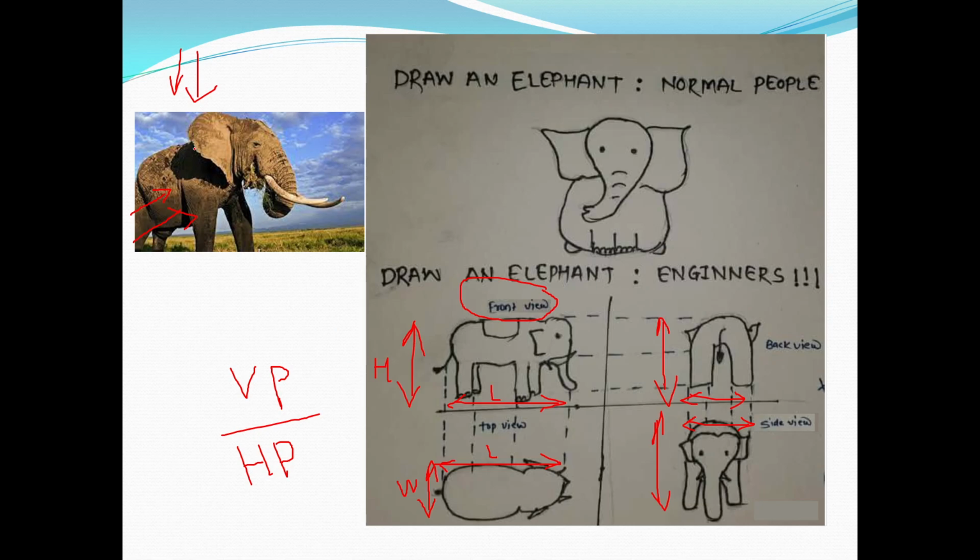If you are looking from the top, all these points get projected on the plane that is parallel to the ground, so you will get the projection of the top view on the horizontal plane, and the projection of the front view on the vertical plane. Okay, next slide.